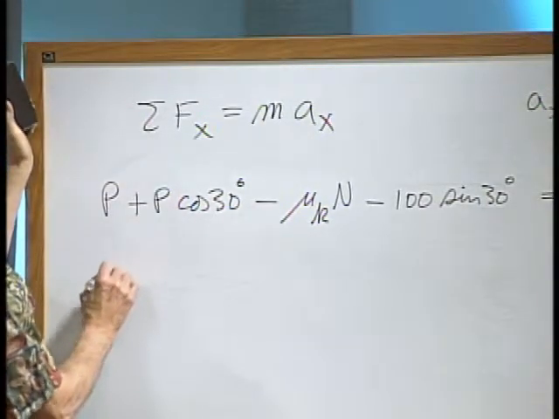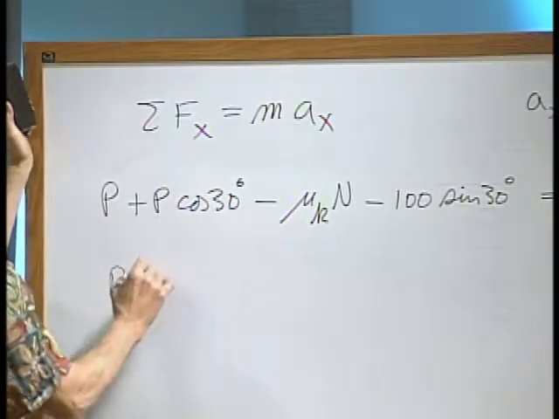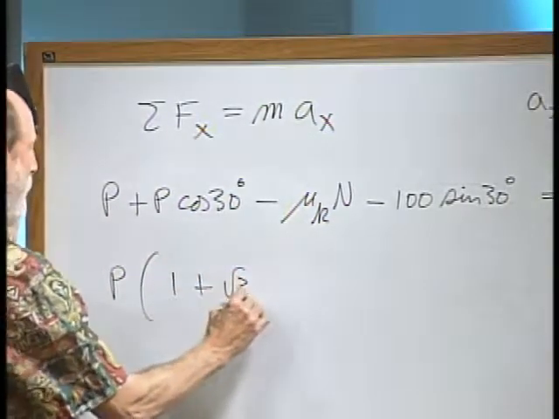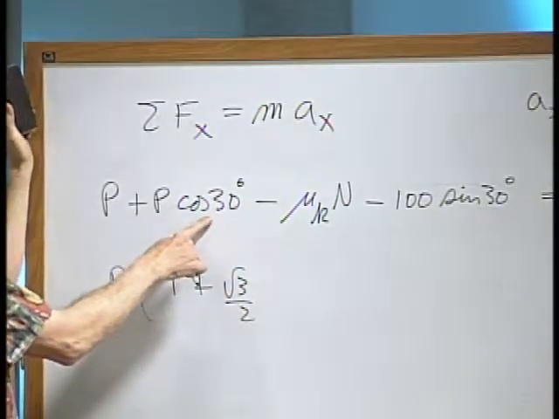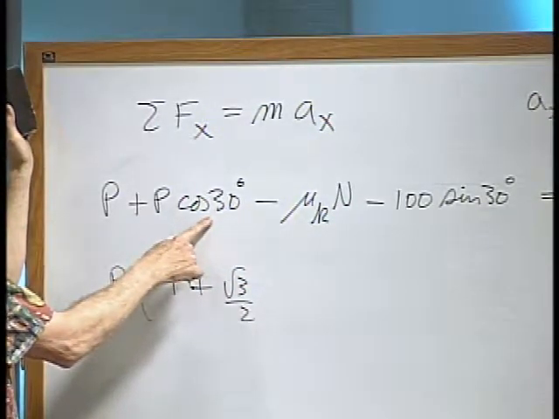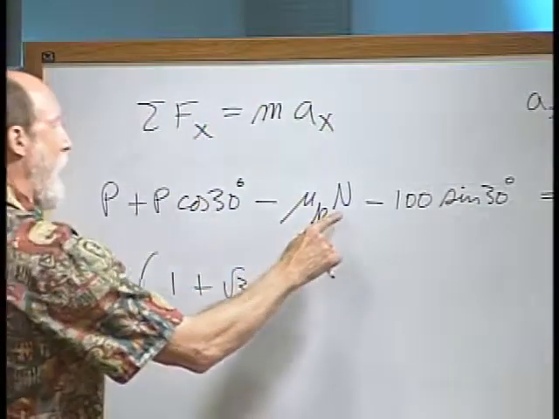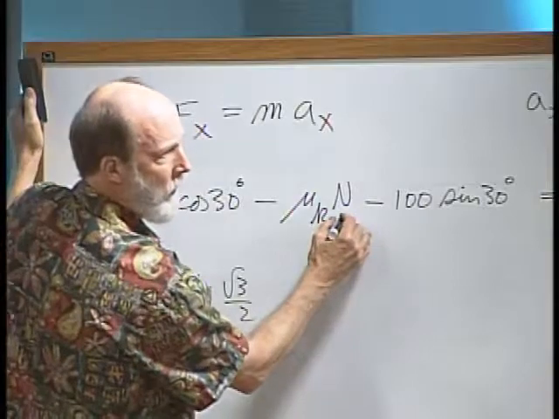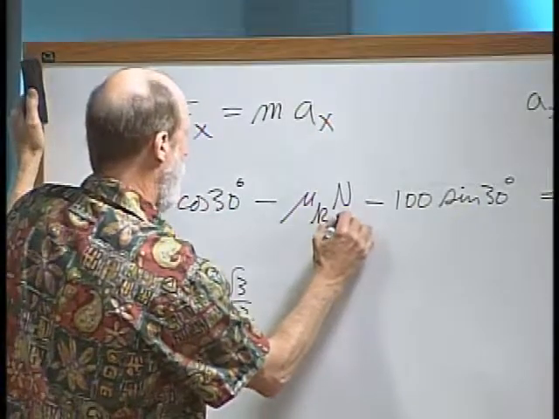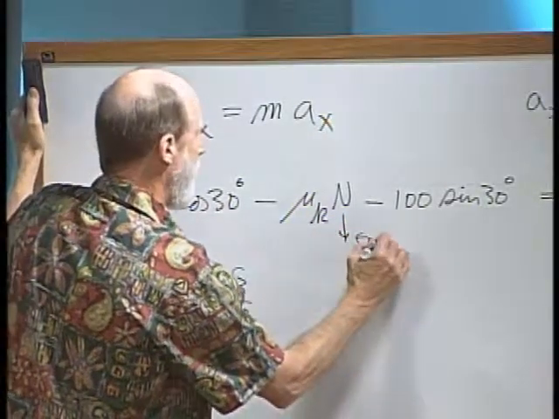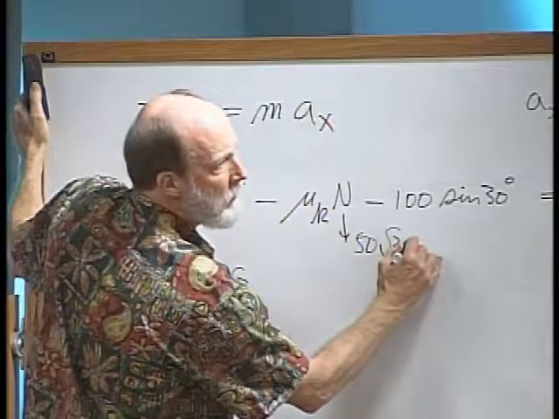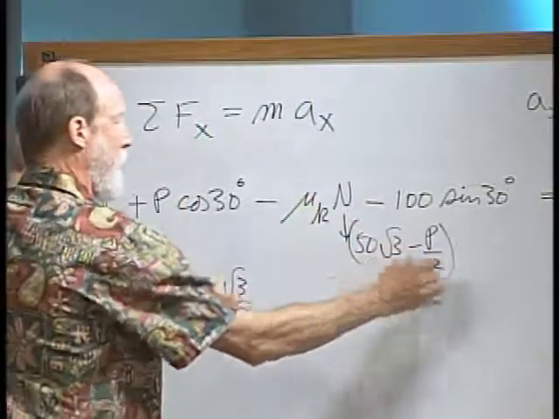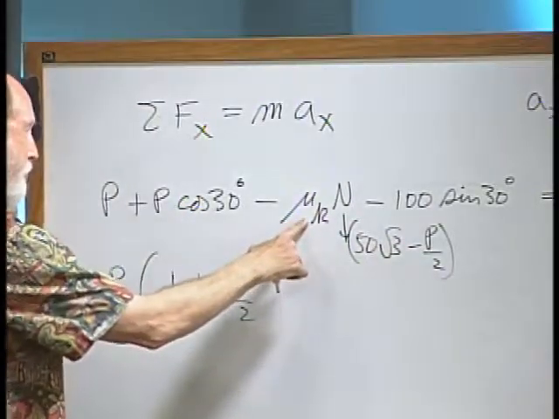All right, so here we go. We have P factored out right here with a factor of 1 plus square root of 3 over 2 for the cosine of 30 degrees. And in here, we're going to input our expression for that normal, which was 50 square root of 3 minus P over 2, all times your coefficient of friction.